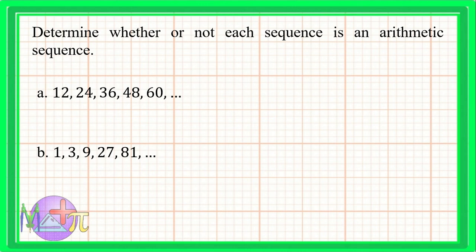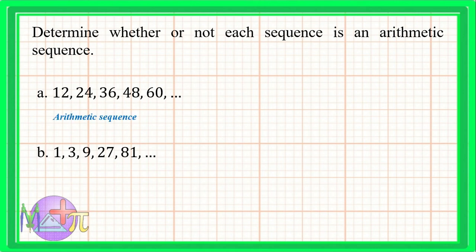But the instruction here is, we're going to determine whether or not each sequence is an arithmetic sequence. Letter A, is it an arithmetic sequence or not? What do you think? Observe. Get the common difference. Okay, so the correct answer here is arithmetic sequence.